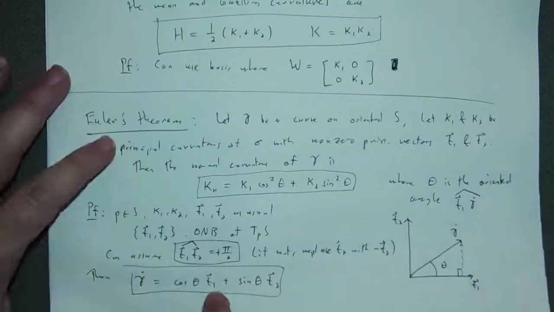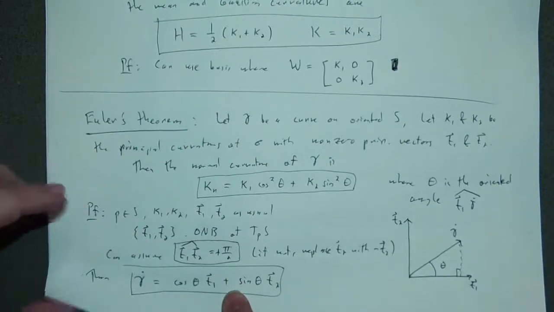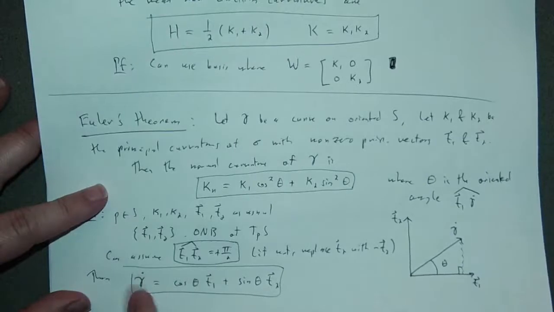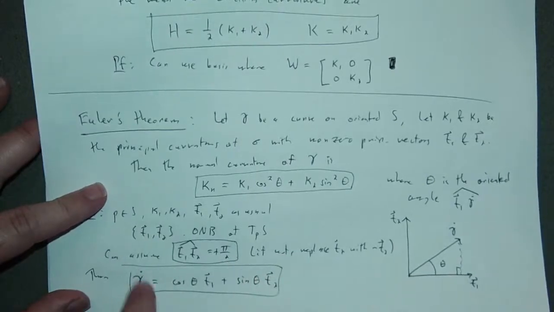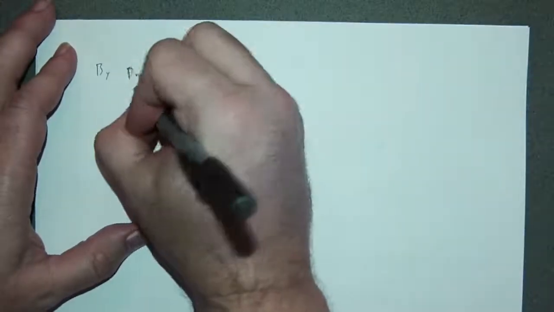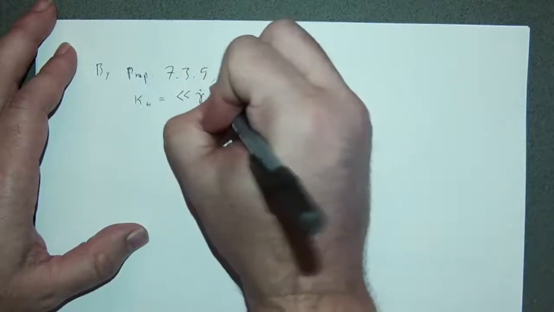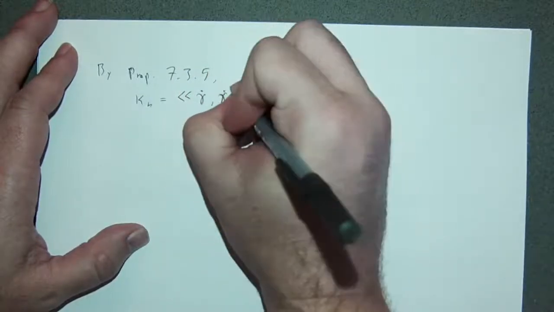Now, we had a previous proposition in Chapter 7 when we first met normal curvature that allows us to compute the normal curvature as the second fundamental form of gamma dot with itself. So by proposition 7.3.5, we know that the normal curvature is the second fundamental form of gamma dot paired with itself.